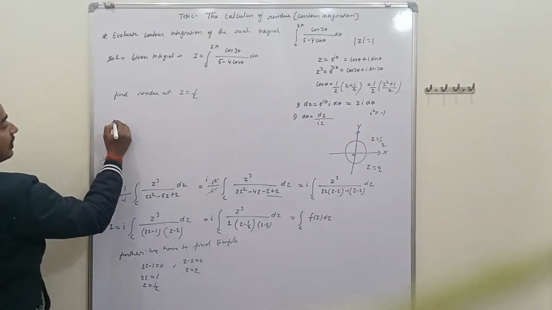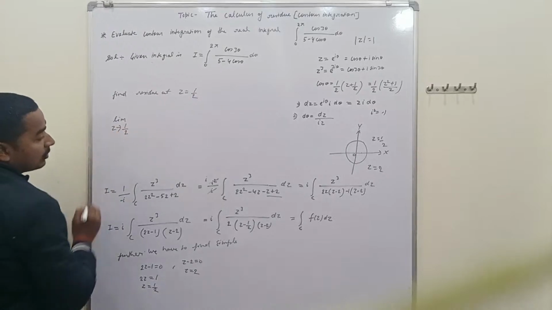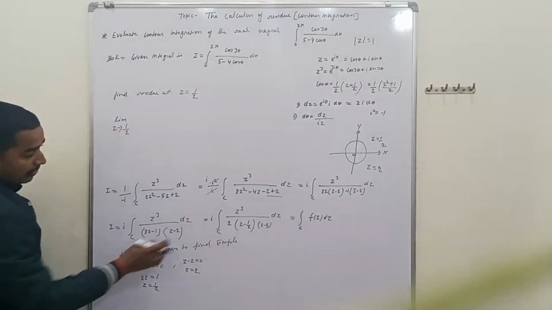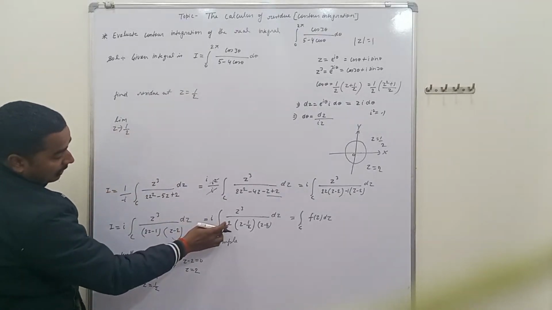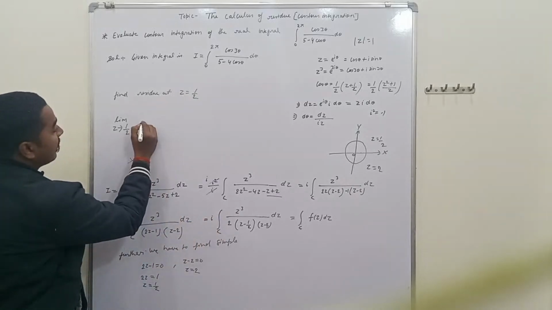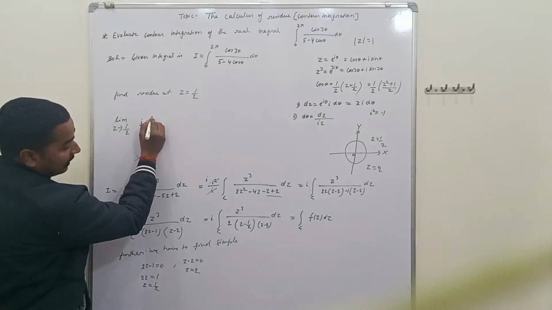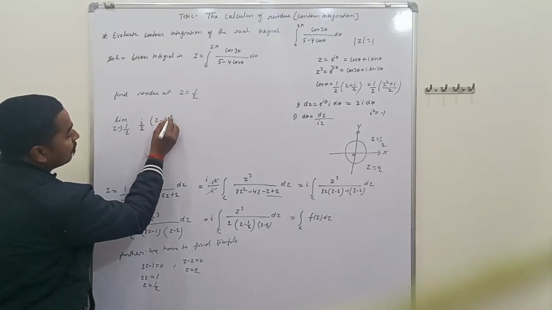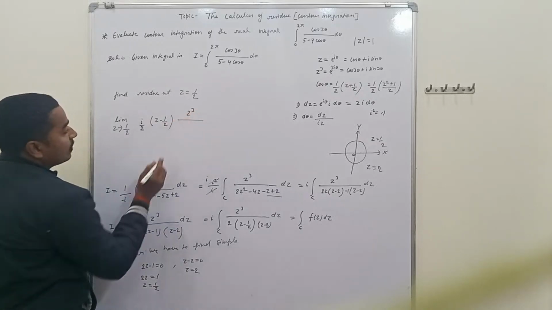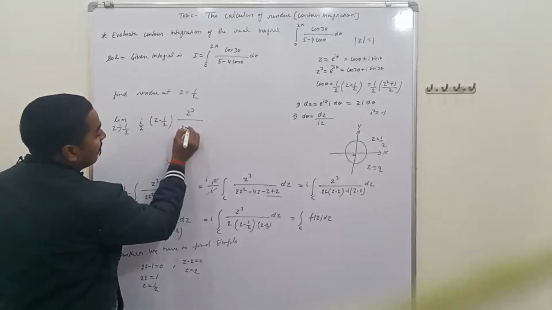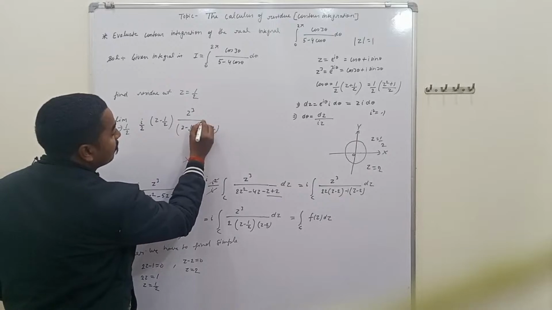That is given by the limit z tends to 1 by 2, where i by 2 is present here, of z minus 1 by 2 into z cube upon z minus 1 by 2 into z minus 2.